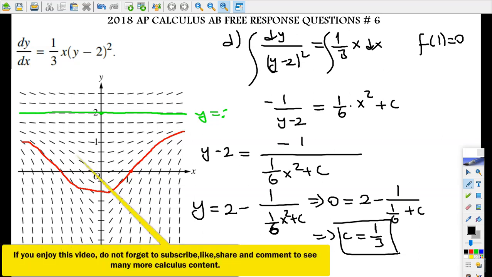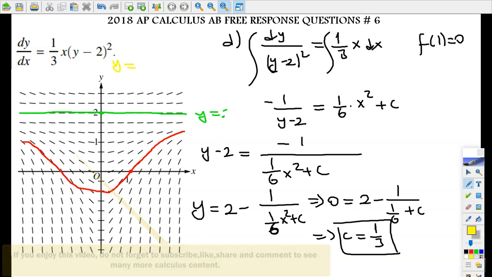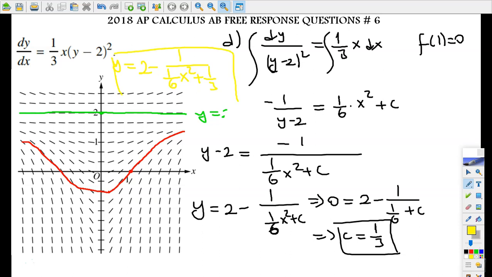Then my particular solution will be y equals 2 minus 1 over (1/6 x squared plus 1/3). This is my particular solution to the given differential equation.